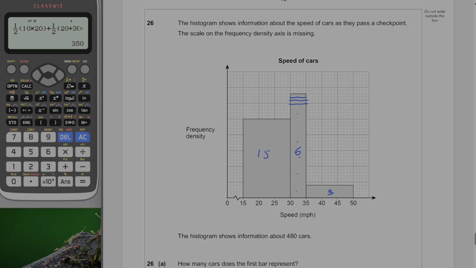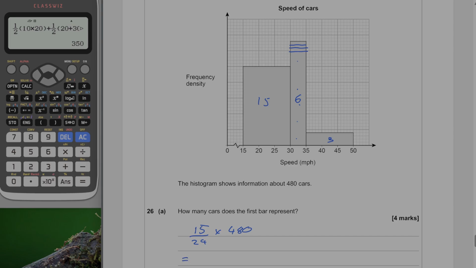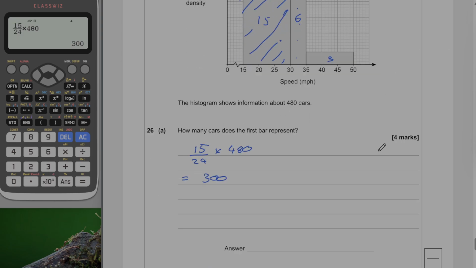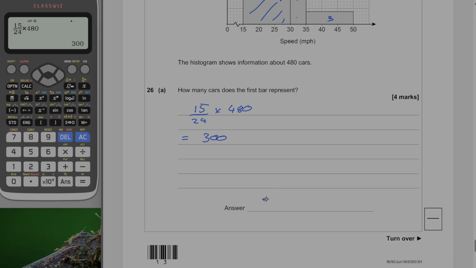If the whole represented 480, that will tell us how many cars the first bar represents. So 15 out of 24 times 480, we're looking at 300.